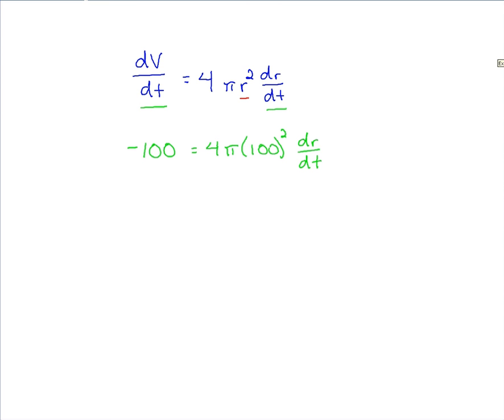So solving for dr/dt, basically you're going to take this negative 100, you're going to divide by this product of 4 pi times 100 squared. Right? This is all multiplied to dr/dt, so just divide that over. Now, when you do that calculation, a couple ways we could express this answer. One, if we leave it in the fraction form, it would be negative 1 over 400 pi.